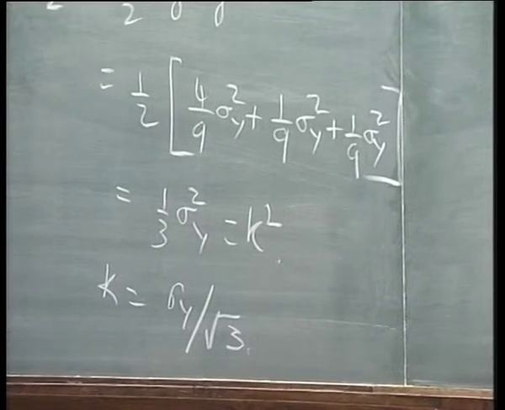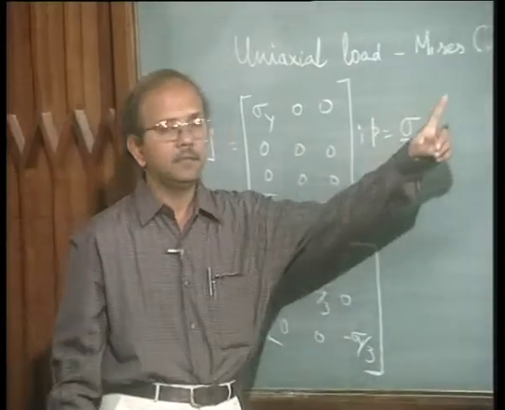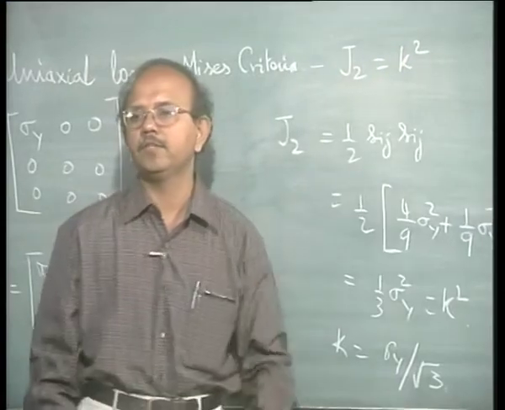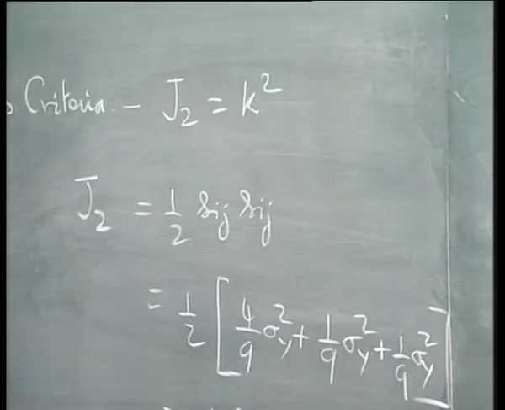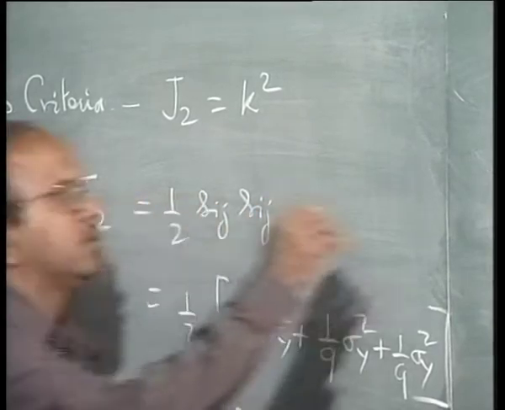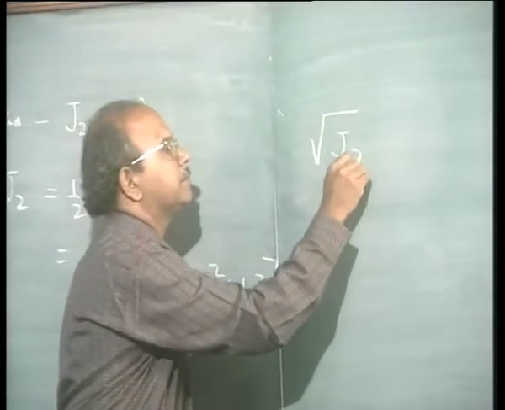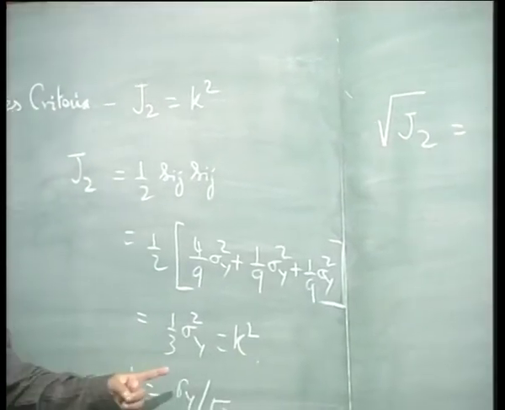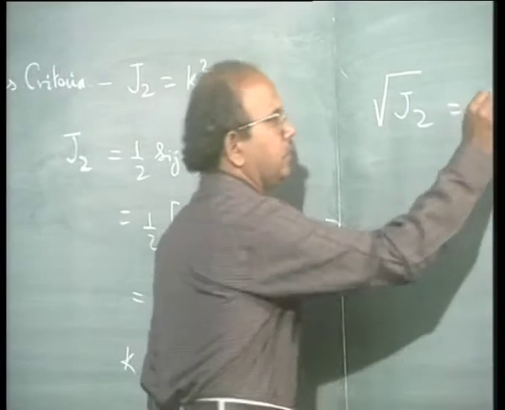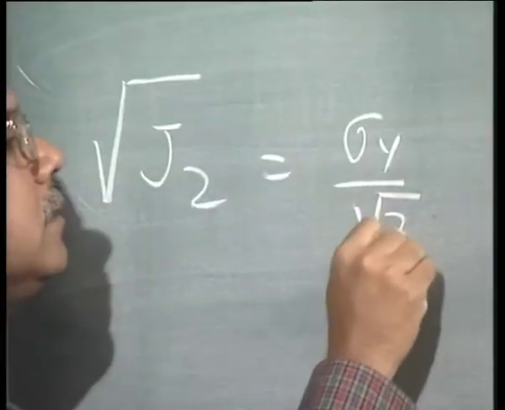So, now I can rewrite my Mises equation as root J2 is equal to sigma y by root 3.